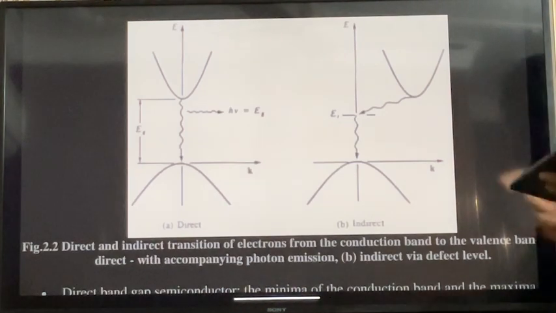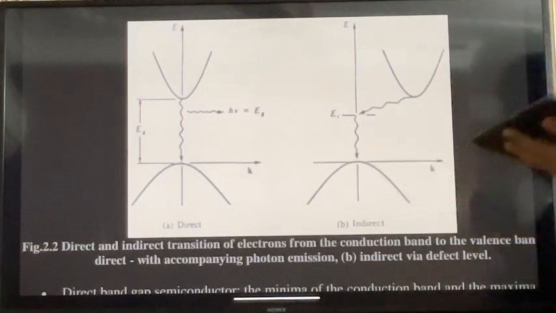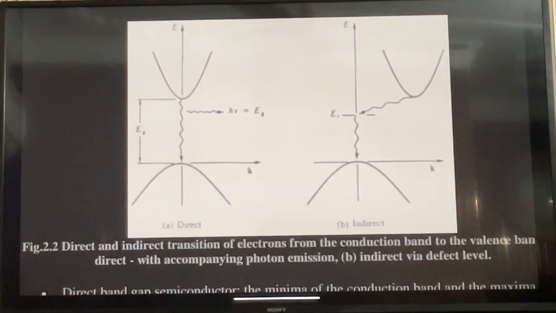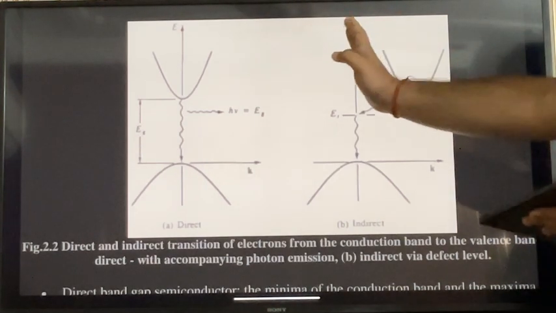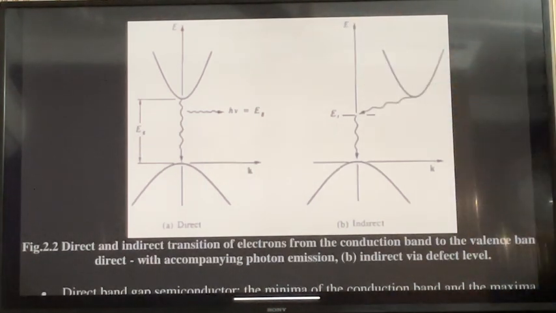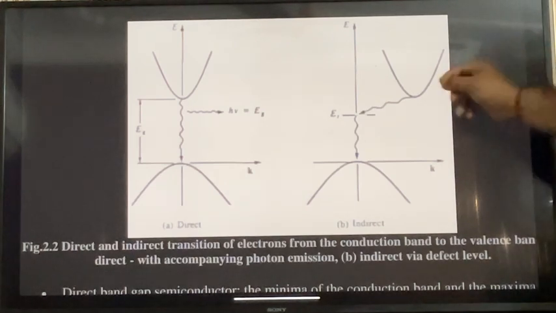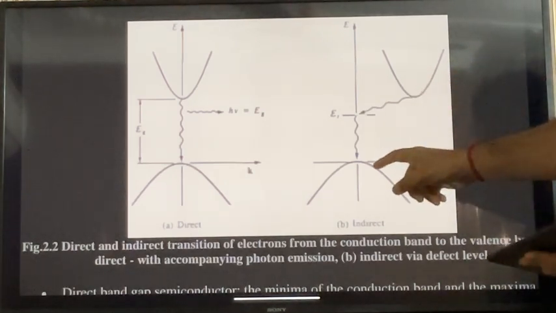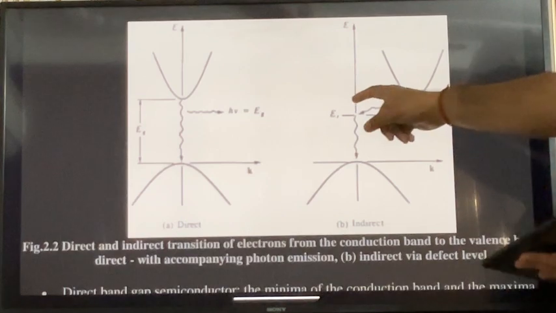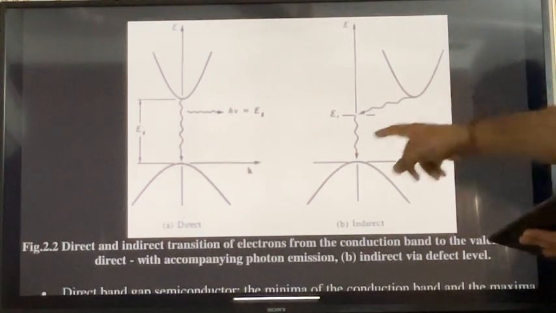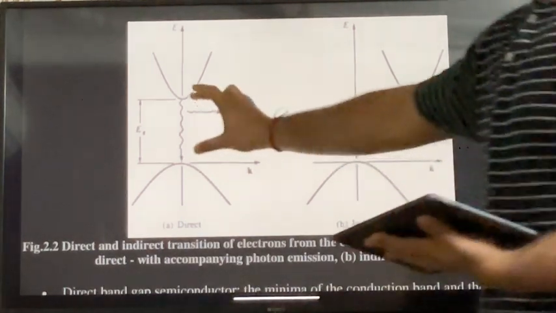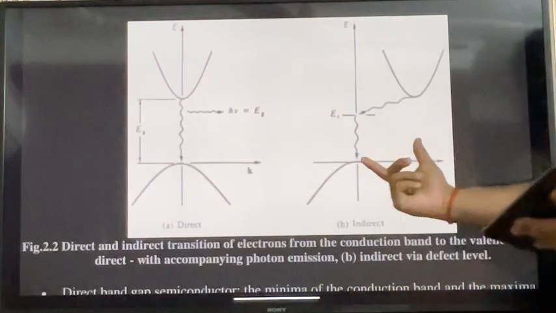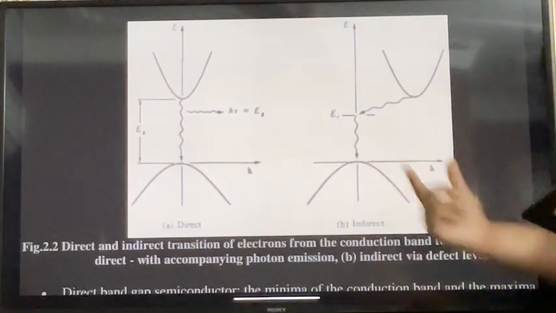However, in the case of indirect semiconductors, the condition is not so simple. The conduction band is shifted in terms of k. As a result, this electron will not only be at a higher energy level but at a higher momentum than the electron over here. Initially we only had an energy difference. Now we also have to take into consideration a momentum difference.